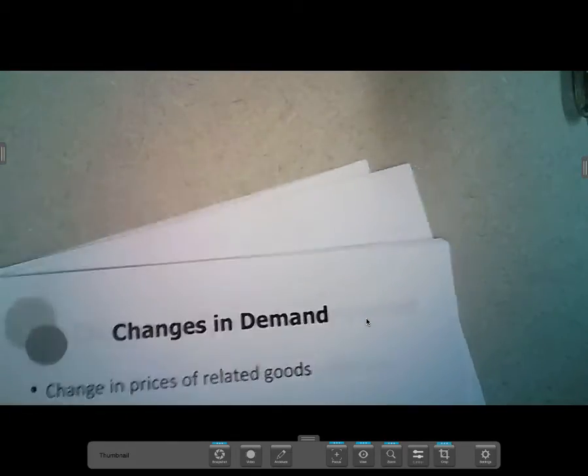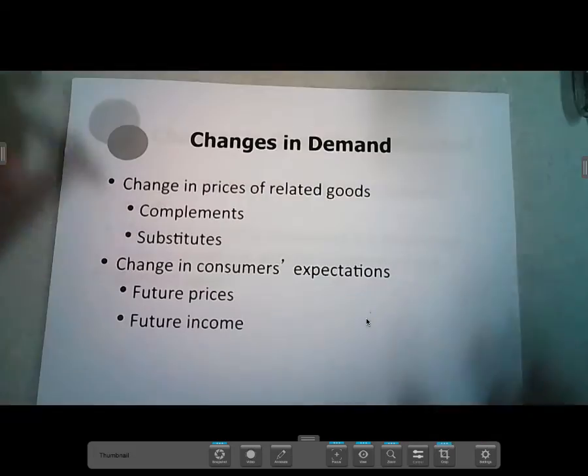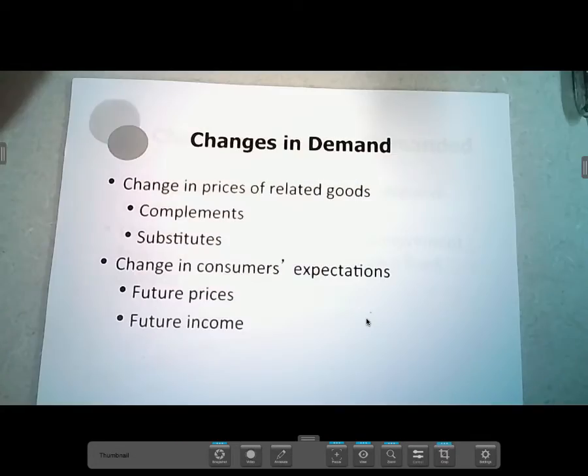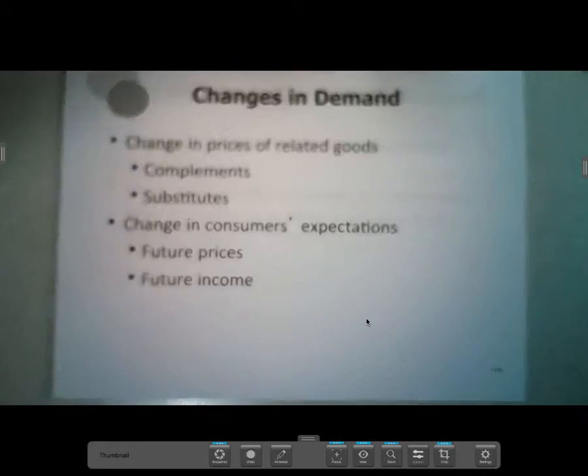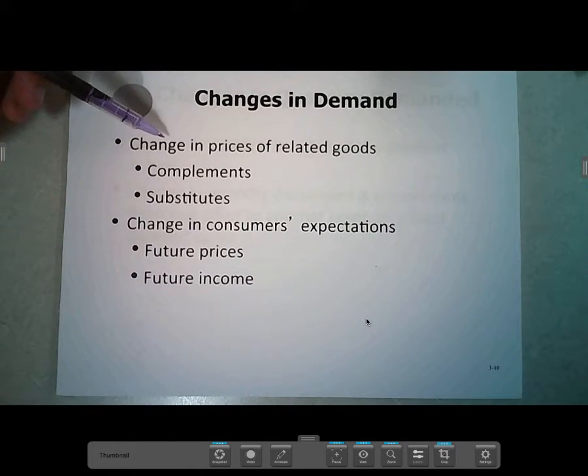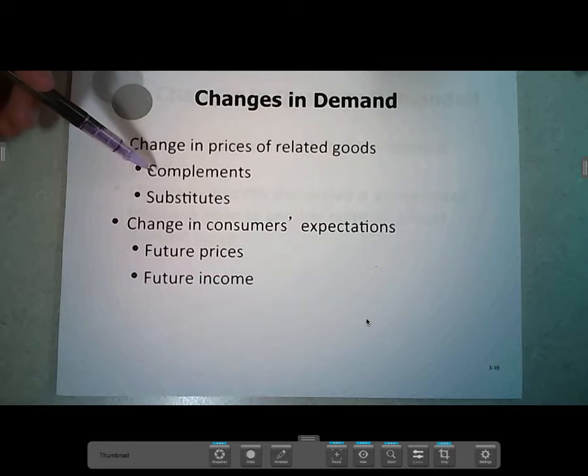Let's look at more of these. I could also change the price of related goods. If I change the price of related goods, there's two kinds of relationships that exist.